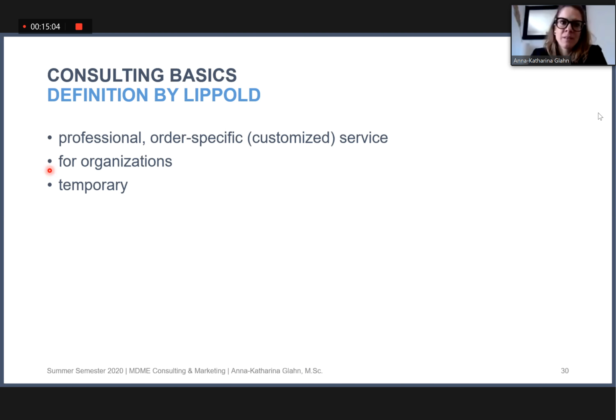It's temporary, that's also important. In some areas, and maybe some case studies, you realize that consulting over 5 or 10 years is maybe not temporary, but then we are not talking about the general consulting definition.